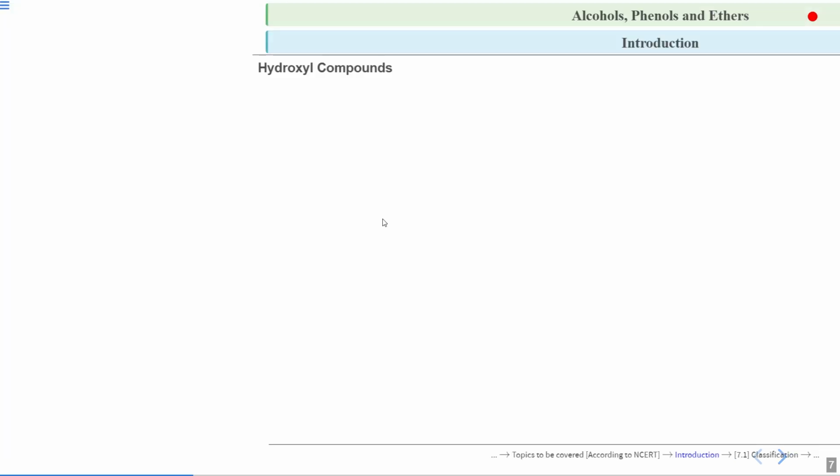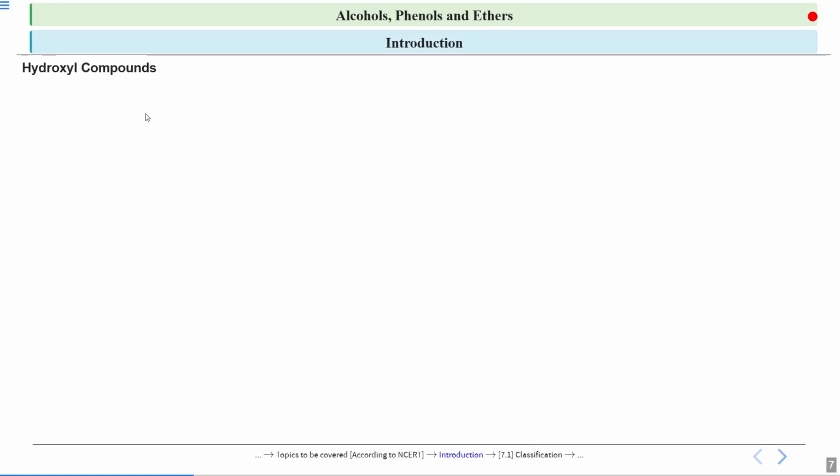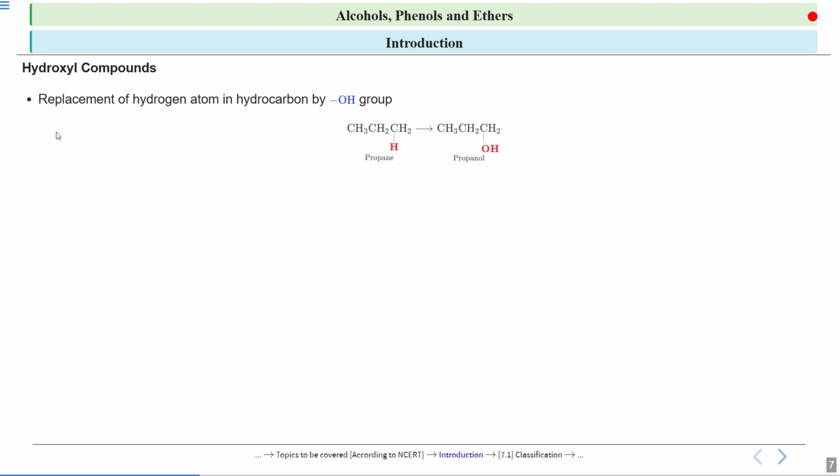Okay, so let's start with a little introduction about the hydroxyl compounds. Hydroxyl means OH group. Replacement of a hydrogen atom in a hydrocarbon by the hydroxyl group gives you the alcohol. So alcohol means there is a presence of a hydroxyl group in our molecule after the replacement of a hydrogen atom from the molecule.